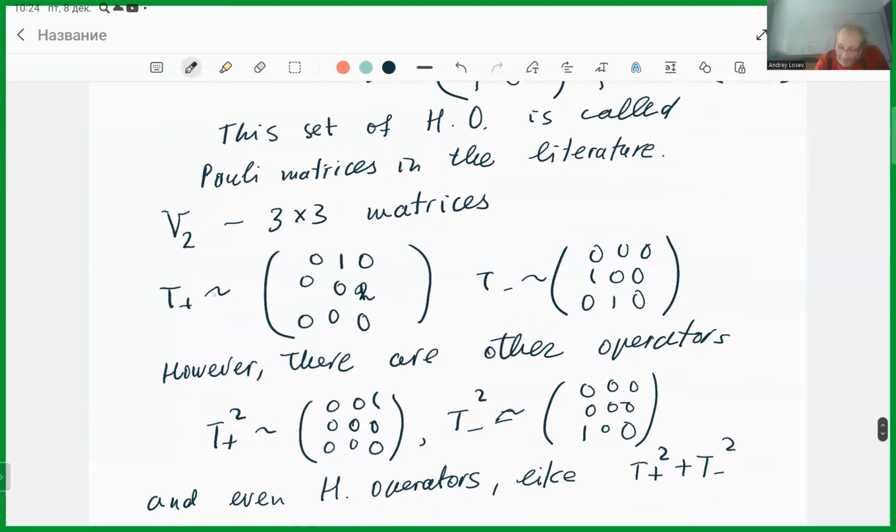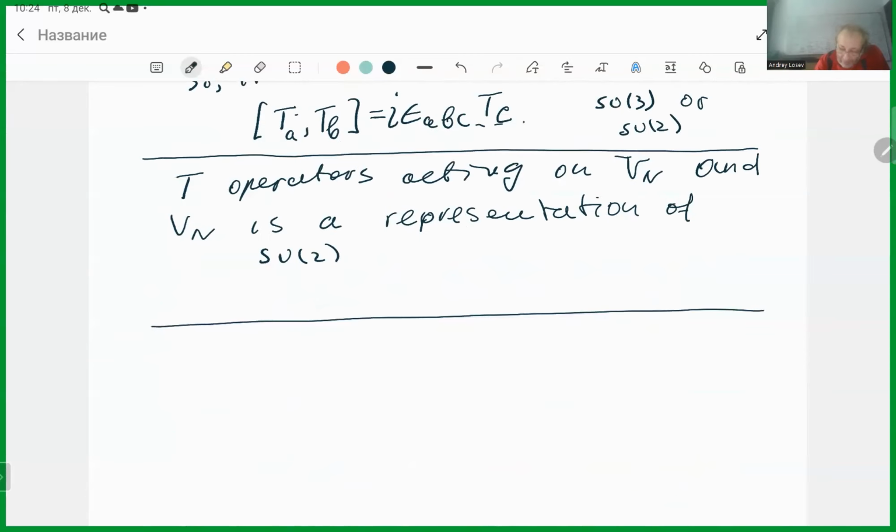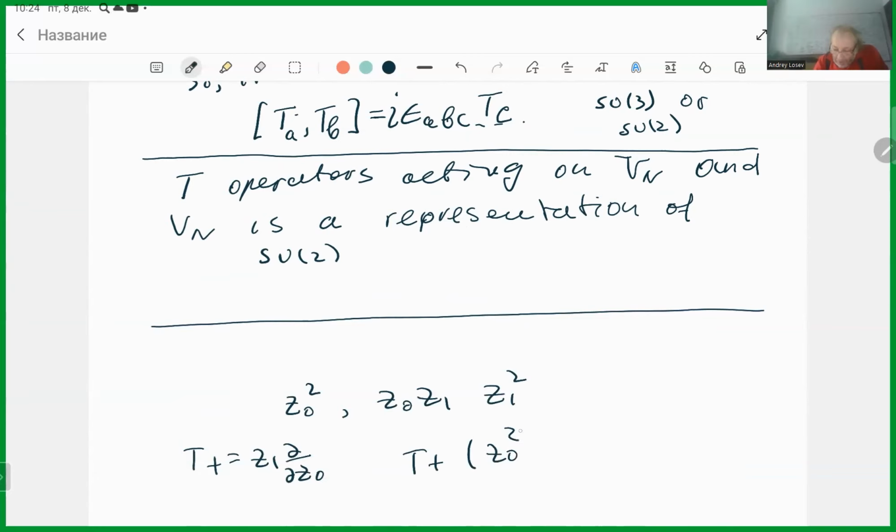I wrote it approximately. Let me compute it. Let us do the computation: Z naught square, Z naught Z1, Z1 square. T plus was Z1 d over dZ0. T plus applied to Z naught square was 2 Z naught Z1.